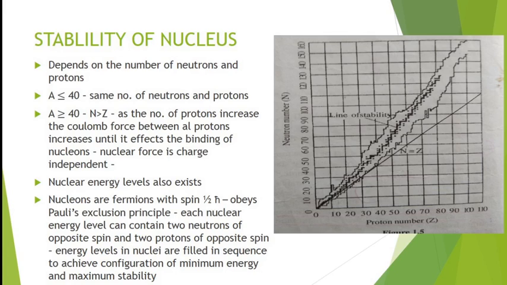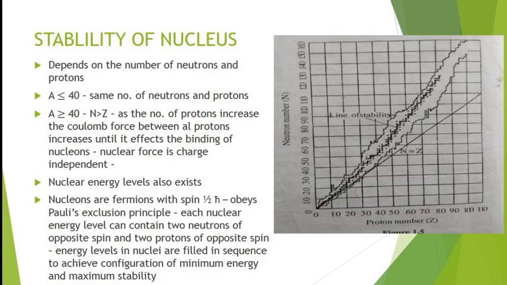The first point: you can see that for lower proton number, both the line of stability as well as the straight line N equal to Z are approximately equal for lower proton number Z, isn't it? That means N is equal to Z, the number of protons is equal to the number of neutrons.